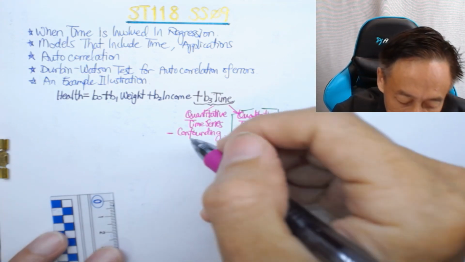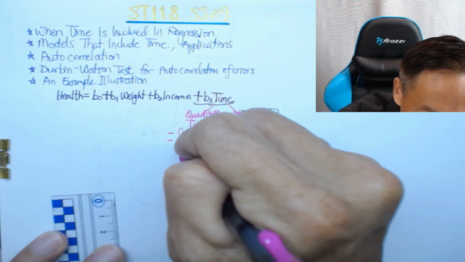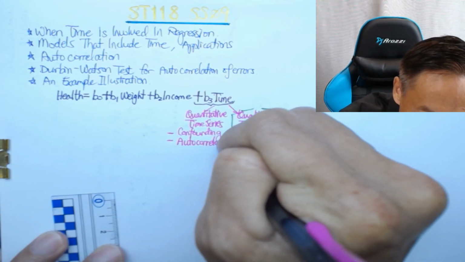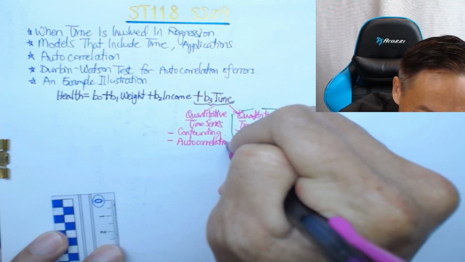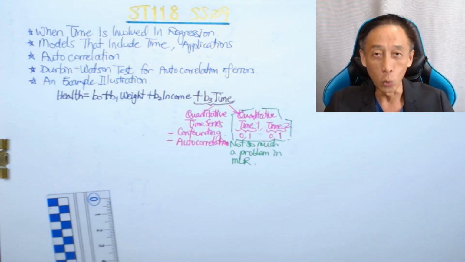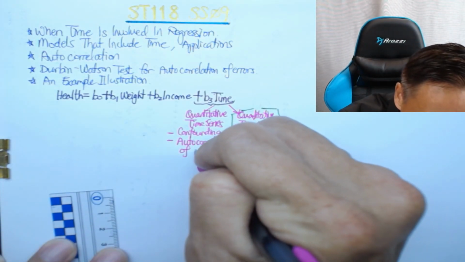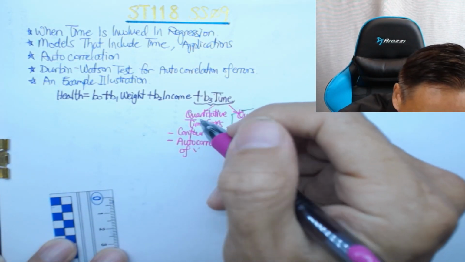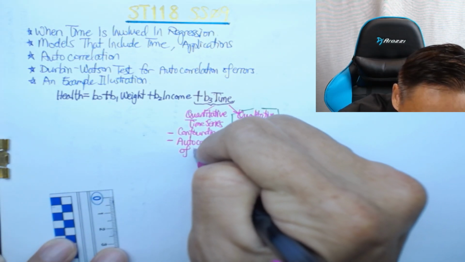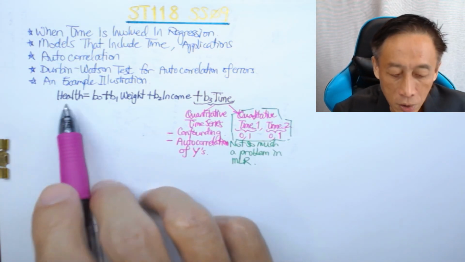So that's the thing. And when we put in time, then we also put in something that doesn't quite occur if we don't put in time, which is autocorrelation of the data of the Y's, as the response variable.